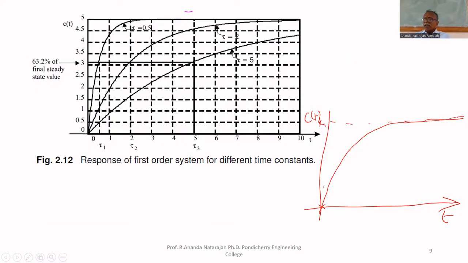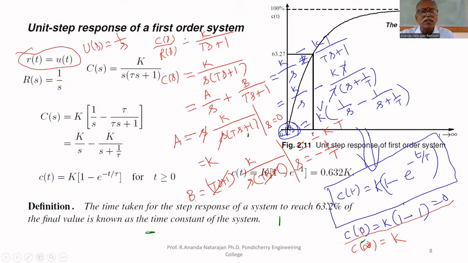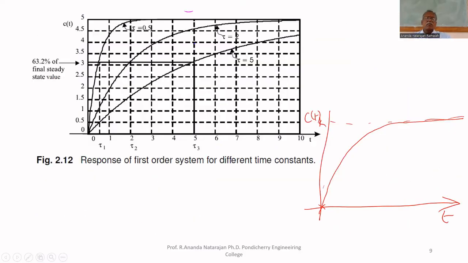Here, we can find the definition for time constant. The definition for time constant tau, which we have seen in the transfer function, is the time taken for the step response to reach 63.2% of the final value.